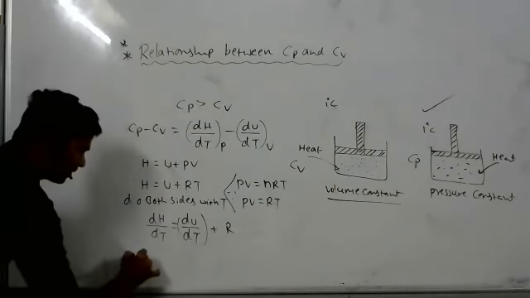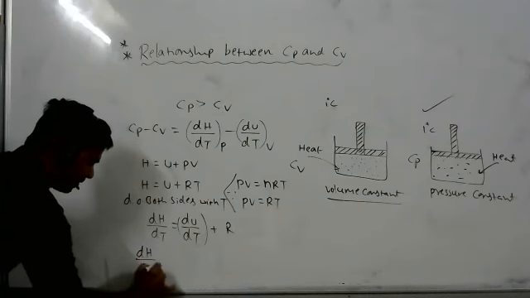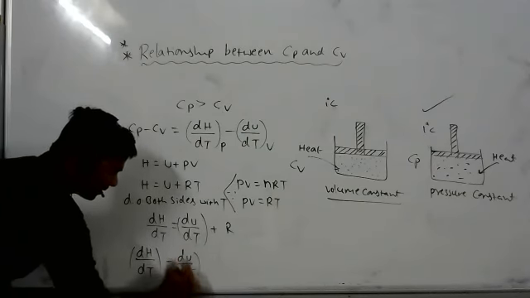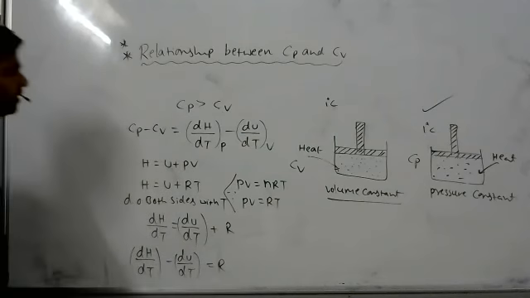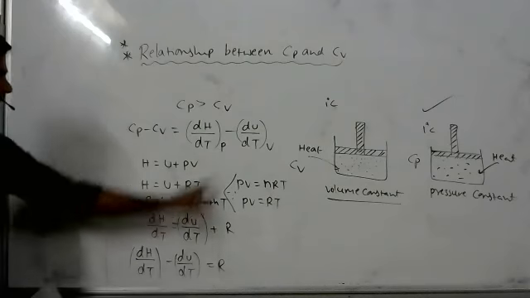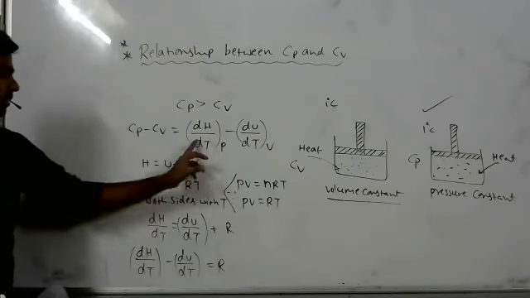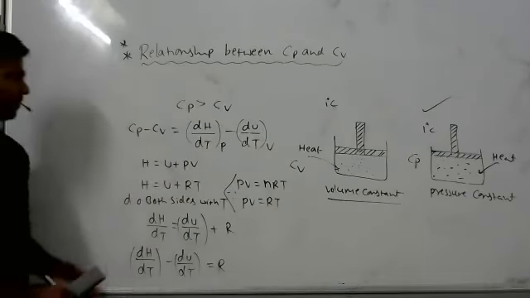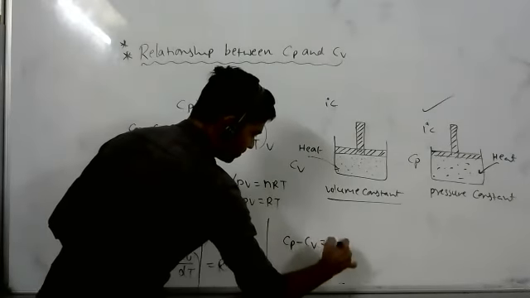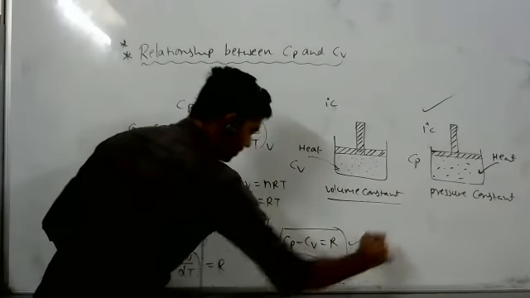So now, dH by dT minus dU by dT is equal to R. Look at this and this: dH by dT minus dU by dT. Instead of this, I may write Cp minus Cv is equal to R. This is the final derivation.